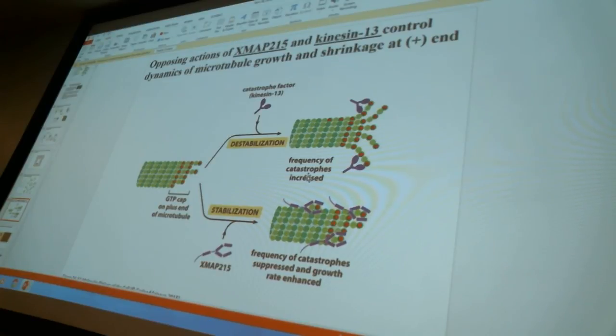It facilitates destabilization of the microtubules. But yet another accessory protein, XMAP215, is bringing single subunits, actually heterodimers, to the growing plus end of the microtubules and facilitates the formation of the microtubule network. So the rate of polymerization will be increased in the presence of XMAP215.